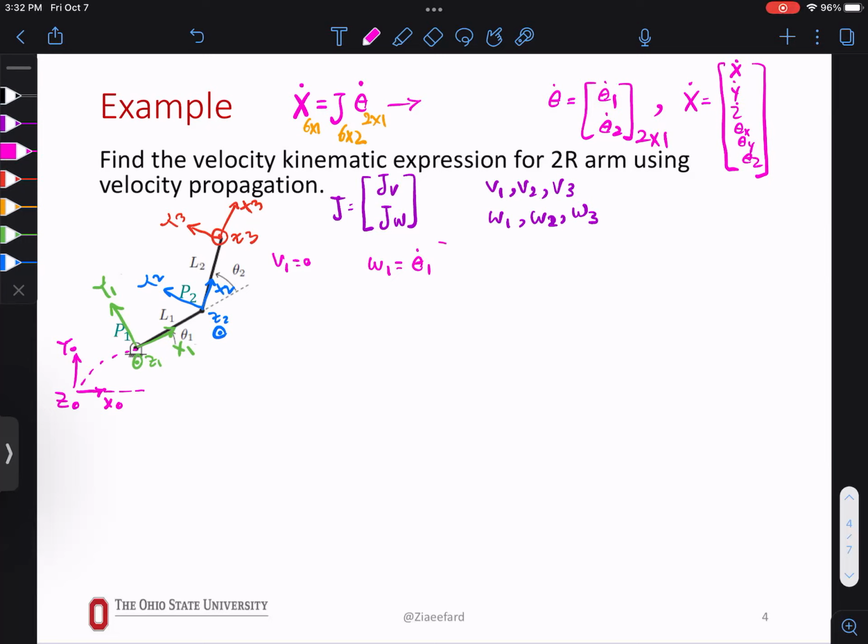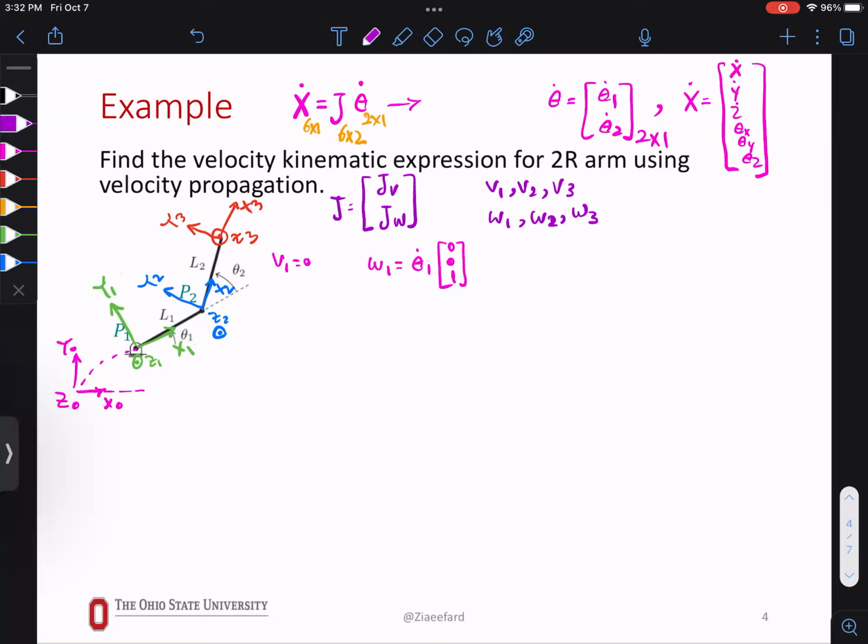What's the z-axis direction with respect to the fixed frame? At this point, all of you should be able to look and say, oh, all the z's are in the same direction. So all the omegas have the same axis, right? So all the z's are 1. So you kind of know by looking at it the direction of omegas. So we took care of the first one. This was the easy one.